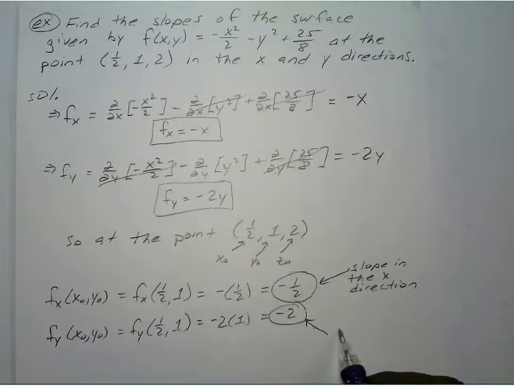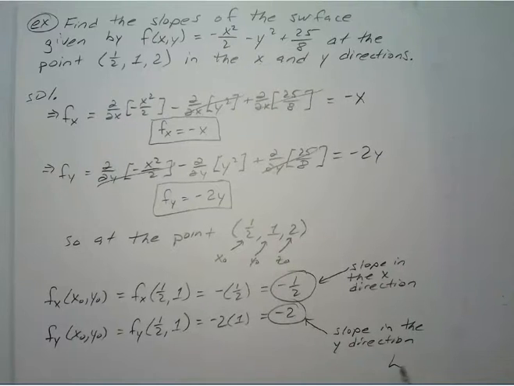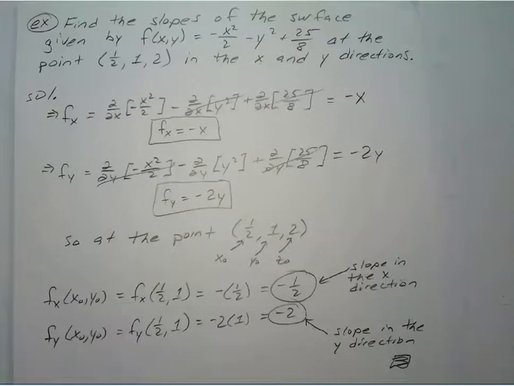And we have our slope in the y direction. All right. So if you are still writing, feel free to press pause. We're going to go ahead and go on to our next example.